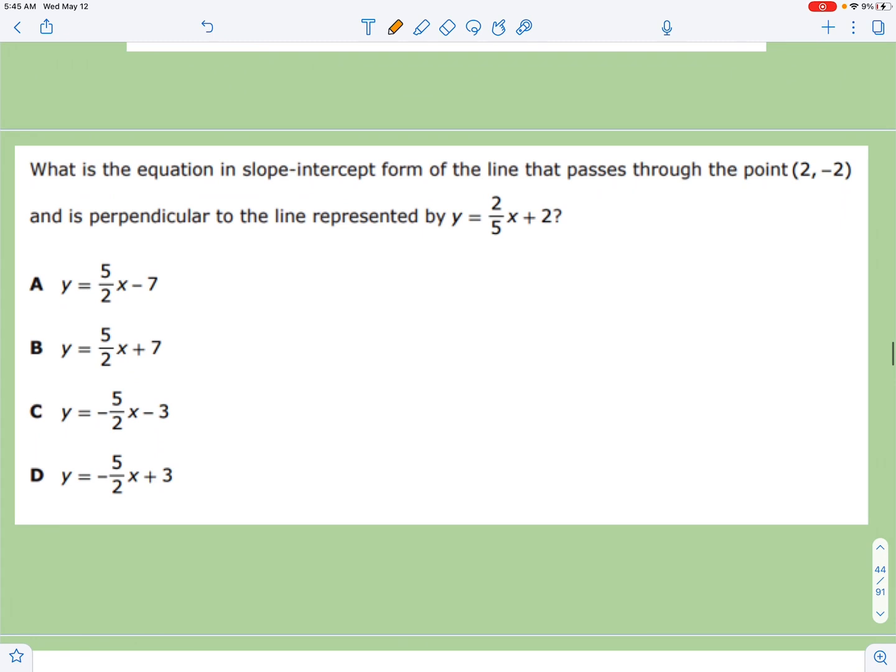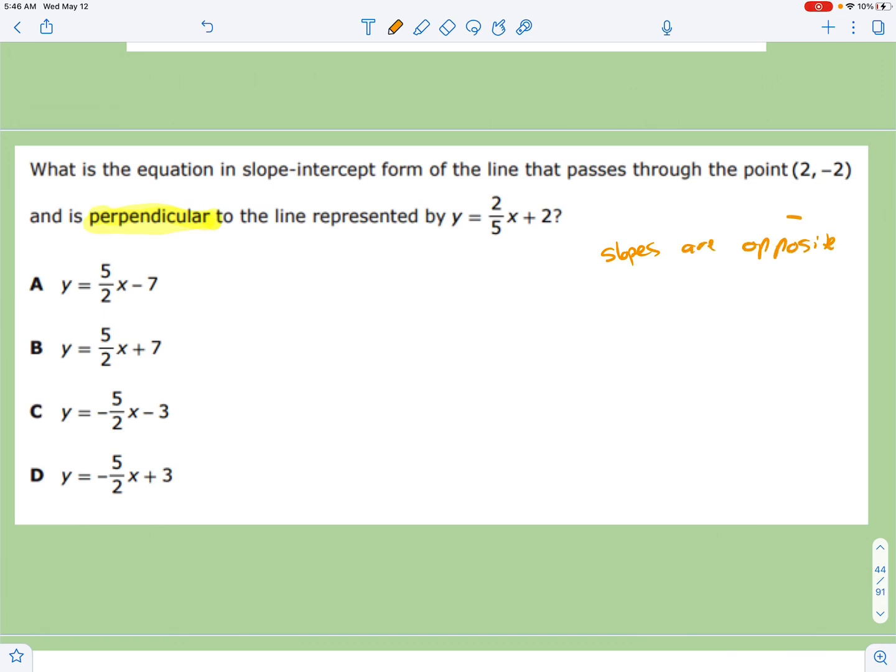All right. It says, what is the equation in slope-intercept form of the line that passes through the point (2, -2) and is perpendicular to the line represented by y equals 2/5 x plus 2? Keyword, perpendicular. Remember, when we're talking about perpendicular lines, the slopes are opposite reciprocals.